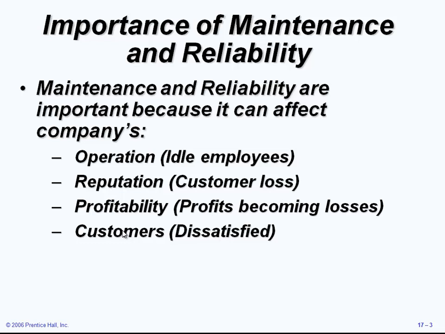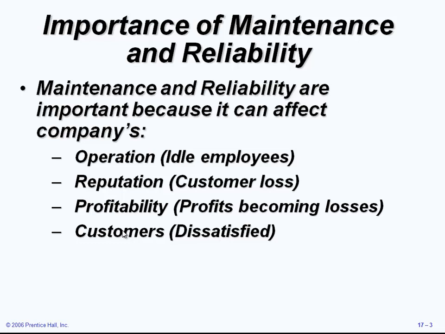If one of the main machines broke in a manufacturing environment, the company's operation will be affected and employees might be idle until fixed. It will also affect reputation. If the reliability of the product or the maintenance are not good, that will affect the company's reputation, which will cause customer loss. It will also affect profitability.